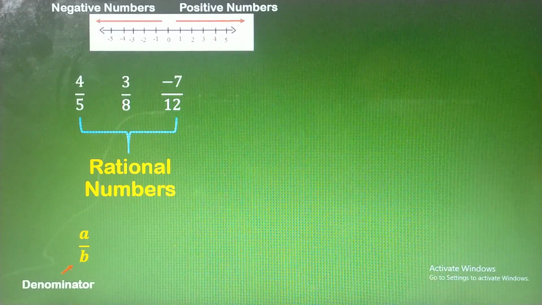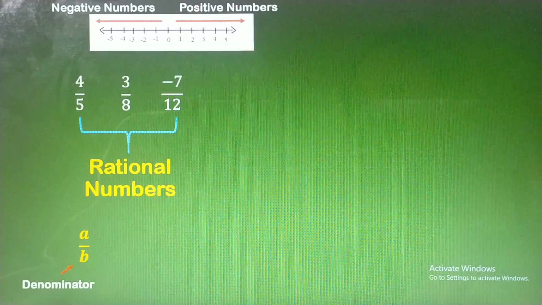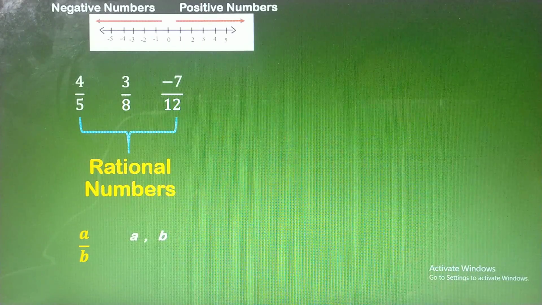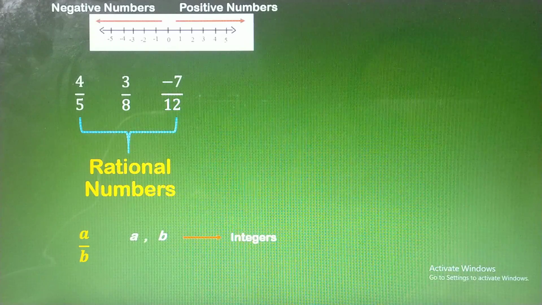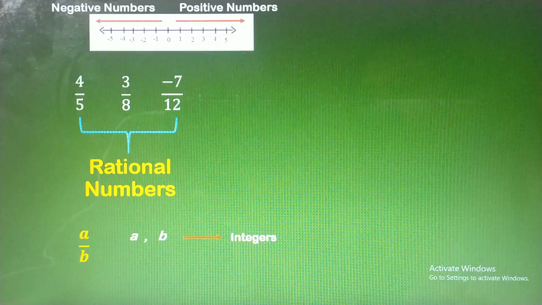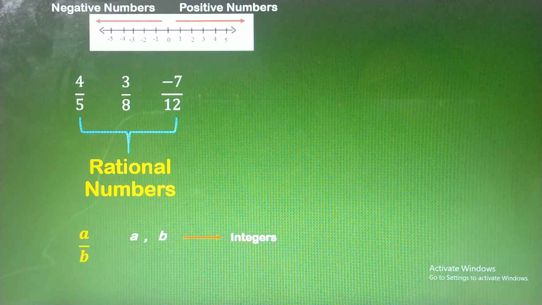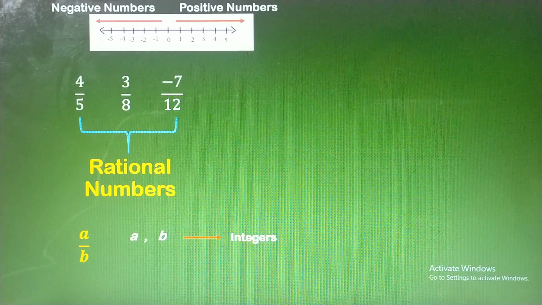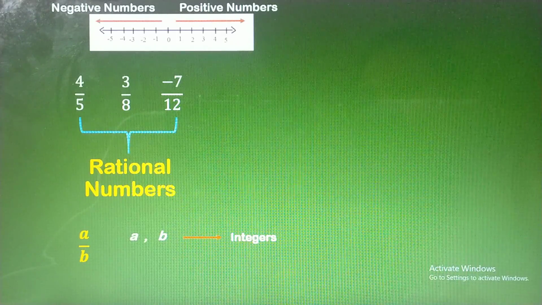And another thing na dapat natin maintindihan or i-remind natin yung sarili natin, A and B must be integers. Hindi siya pwedeng maging rational kung ang A natin, which is our numerator, and yung B natin, which is our denominator, ay hindi integers.